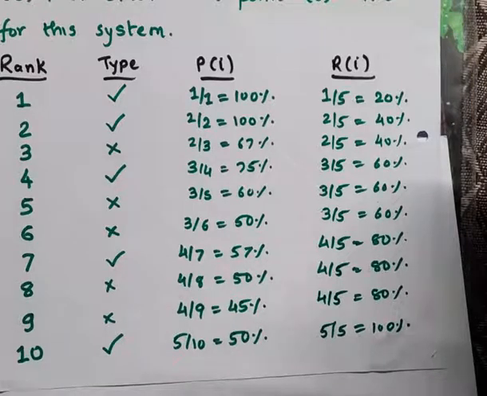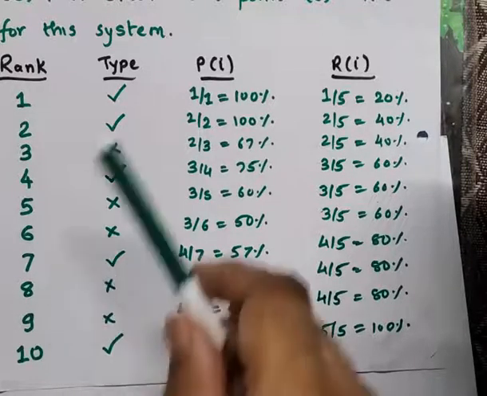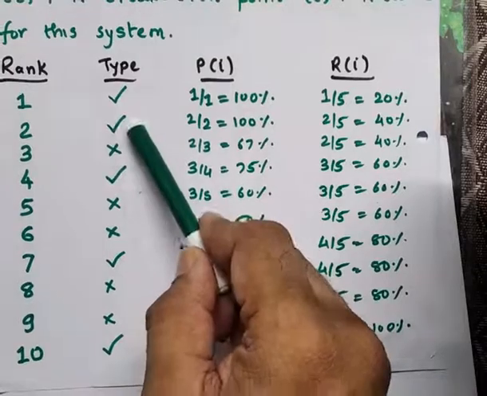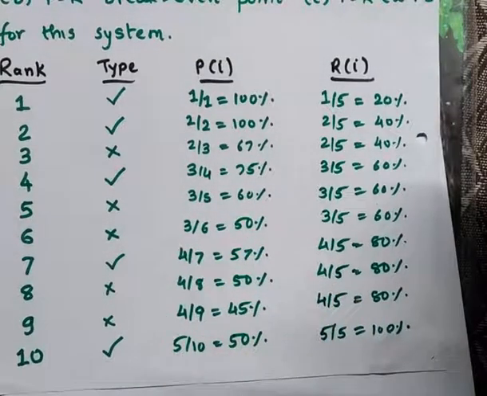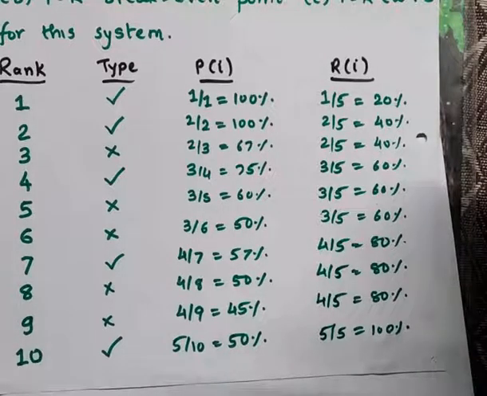So here we can see that we are finding the relevant document at rank positions 1, 2, 4, 7 and 10. So we have 5 different positions at which we found relevant documents. So we will take the average of these 5 precision values, which will be considered as average precision.